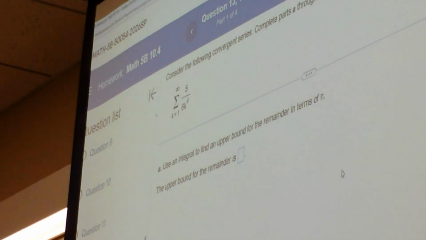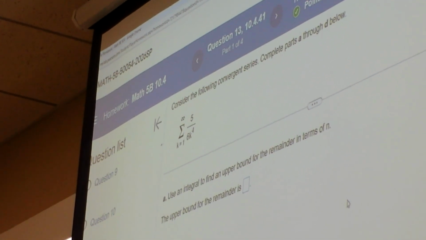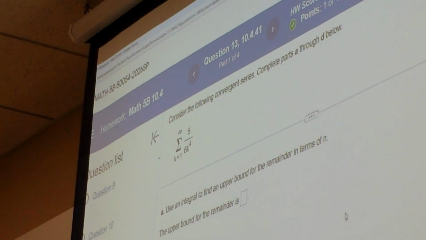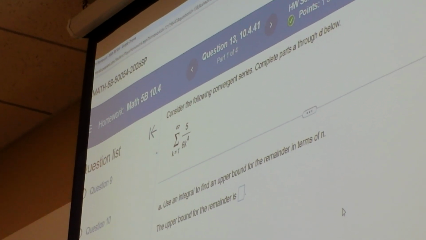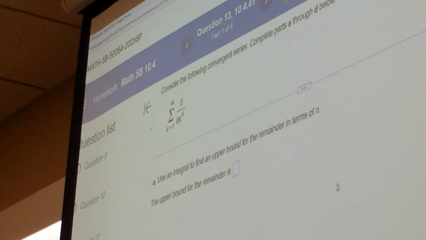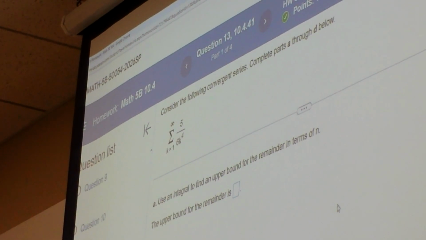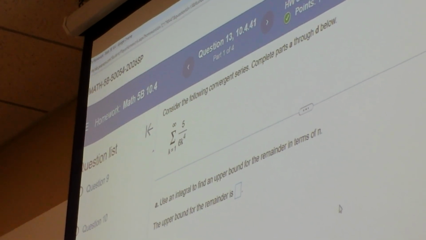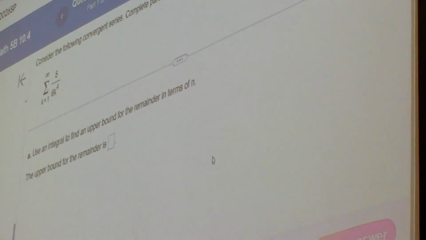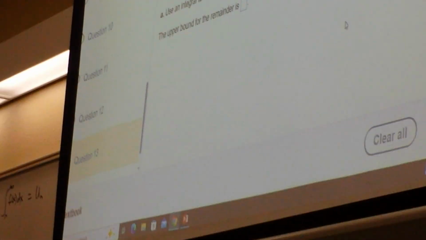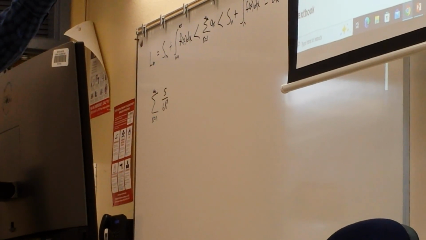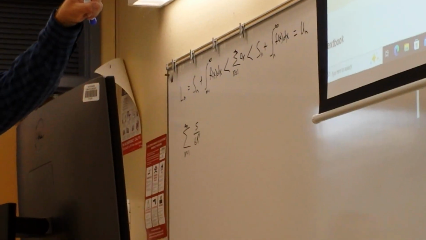We have the sum of, as k goes from 1 to infinity, of 5 over 6k to the 4th. All right, part A says, use an integral to find an upper bound for the remainder in terms of n. The upper bound for the remainder is blank.